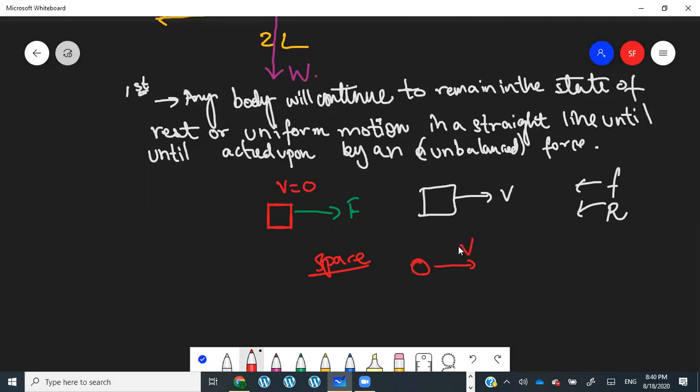Because no force is acting on it. And if you want to change its state, you have to apply a force. This is what Newton's first law was.